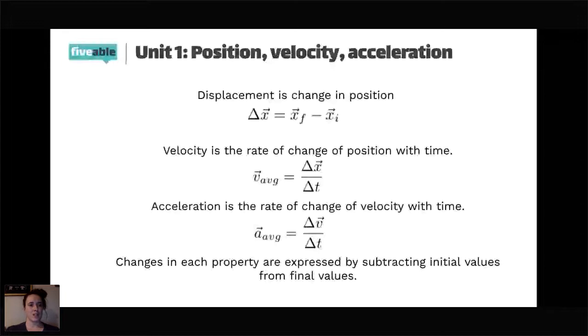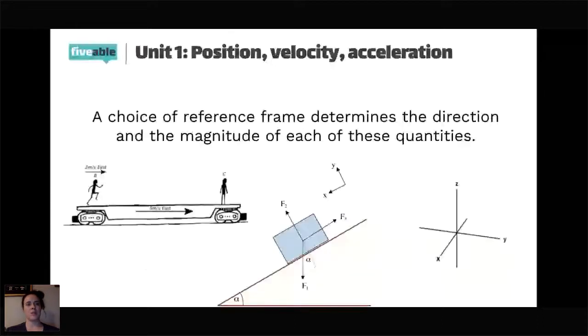Okay, so changes in each property are expressed by subtracting initial values from final values. So anytime you see that nice delta sign, it just means final minus initial. The choice of your reference frame determines what direction and magnitude each of those quantities have.